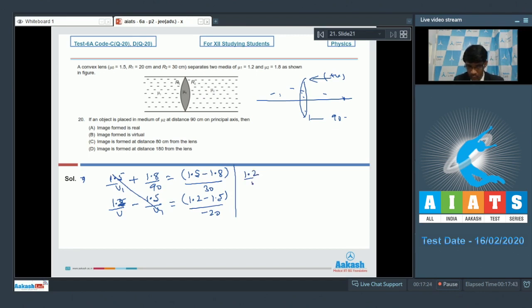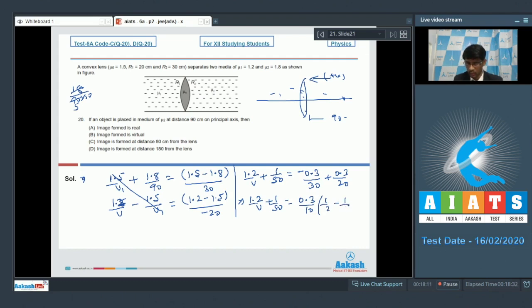It is 1.2 by V plus 1.8 divided by 90, which comes out to be 1 by 50, equal to minus 0.3 divided by 30, and minus 0.3 divided by minus 20, so it is 0.3 divided by 20. So 1.2 by V plus 1 by 50 equals 0.3 divided by 10.